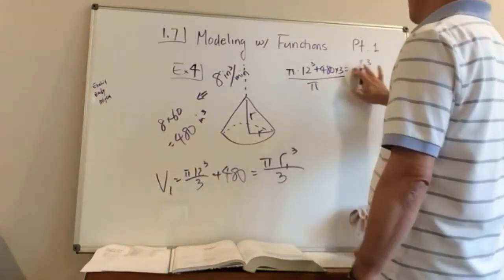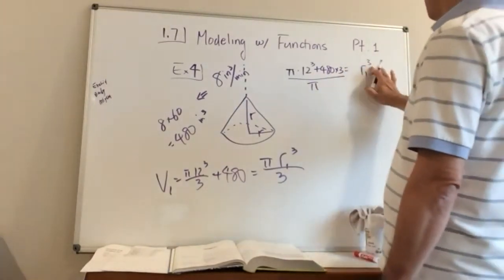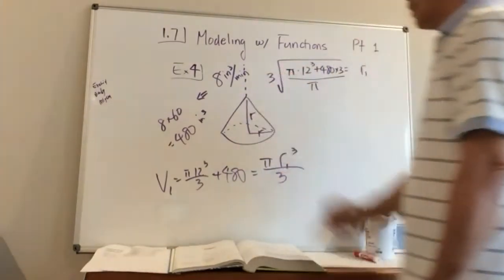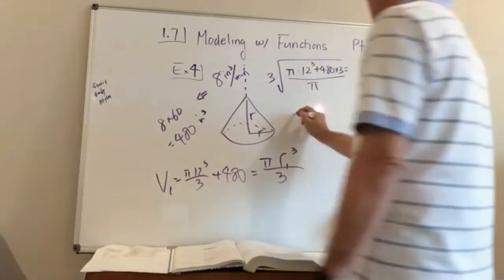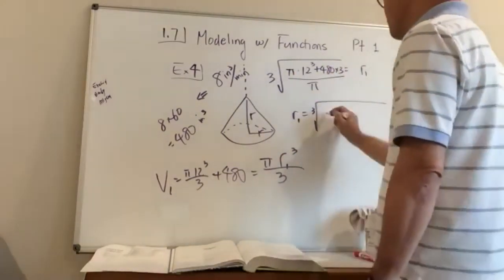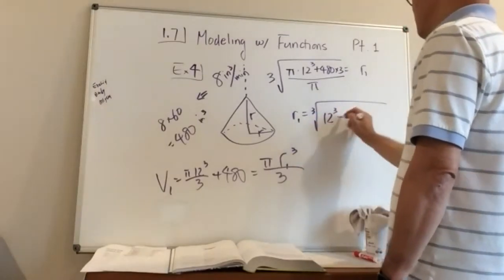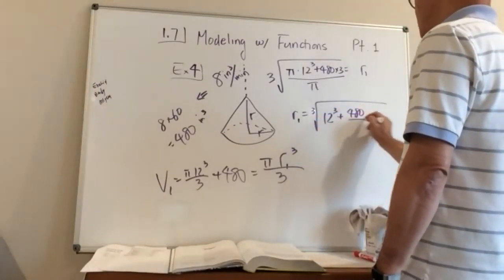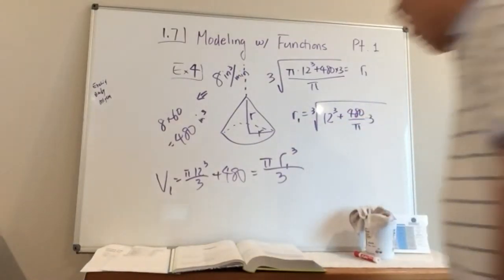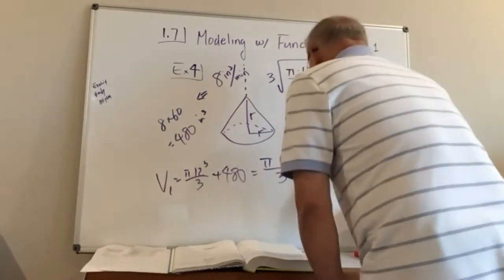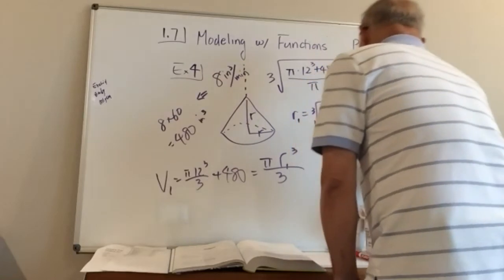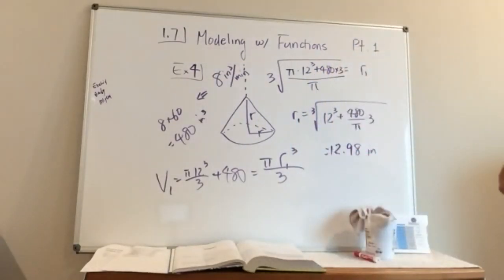So R1 is going to be the cube root of 12 cubed plus 480 times 3, with pi going away. And if you do the math on that, you get 12.98 inches.